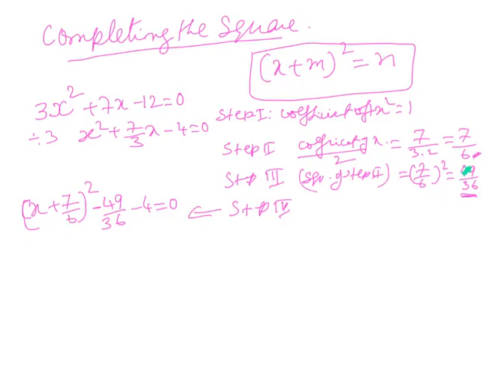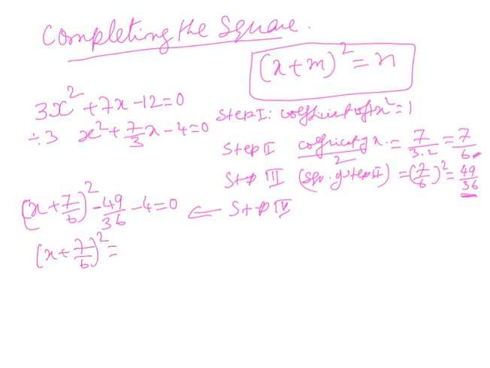Step 2, I got 7 over 6, I wrote here as x plus. If it is plus, I'll write plus; if it is minus, I will write minus. Then step 3, we got 49 over 36. We always subtract step 3, that is minus 49 over 36, and write the constant as it is. If it is minus, it is minus. If it is plus, it is plus. Now I have x plus 7 over 6 the whole squared.